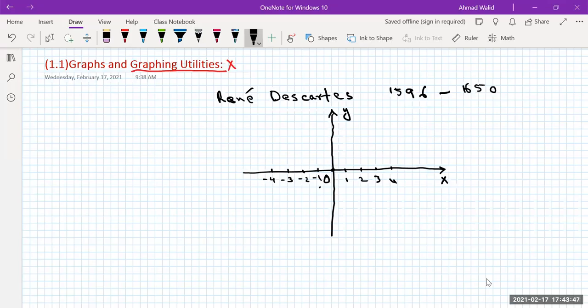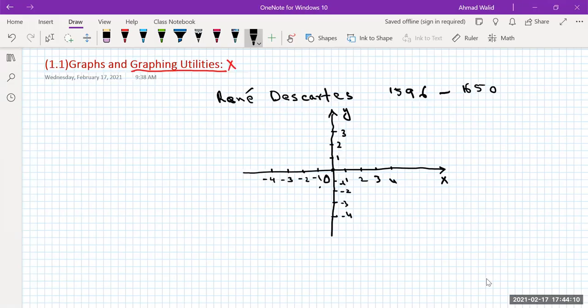On the vertical number line, which is the y-axis, above the 0, the top portion, it's always positive numbers, 1, 2, 3. And below 0, we mark negative numbers, -2, -3, -4.